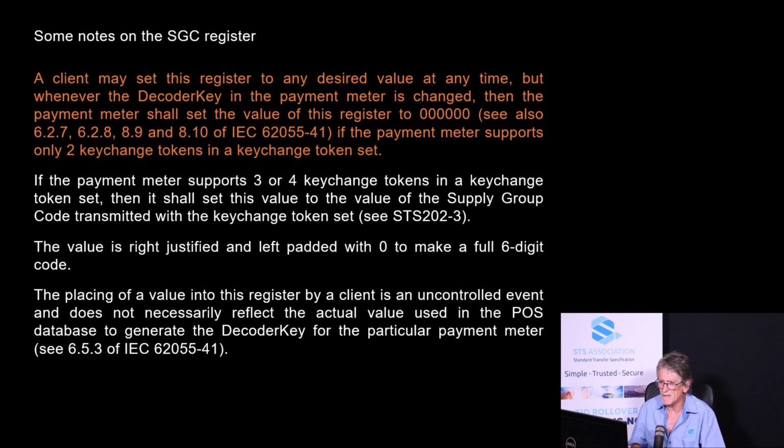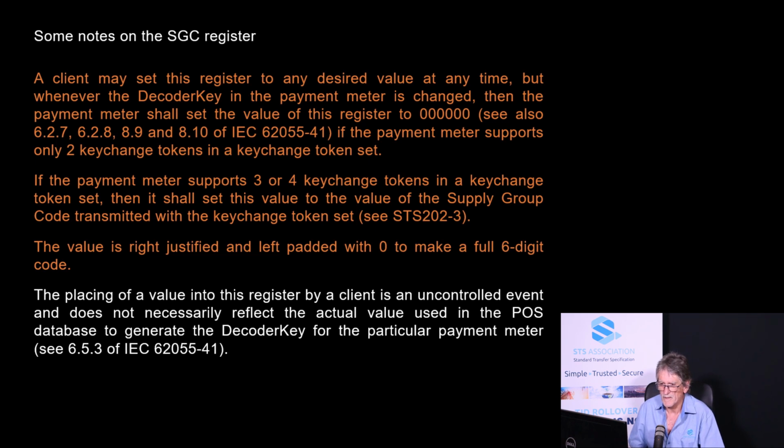If the payment meter, on the other hand, supports 3 or 4 key change tokens in a key change token set, then it shall set this value to the value of the SGC transmitted with the key change tokens. The value is right justified and left padded with 0 to make the full 6-digit code. Placing of a value into this register by a client is an uncontrolled event and does not necessarily reflect the actual value used in the point of sale database to generate the decoder key for a particular payment meter.